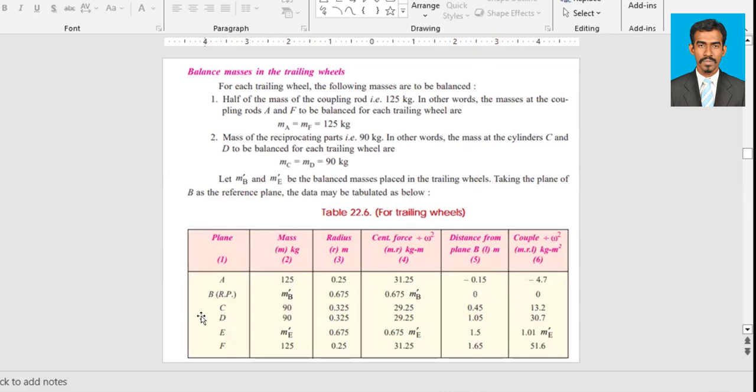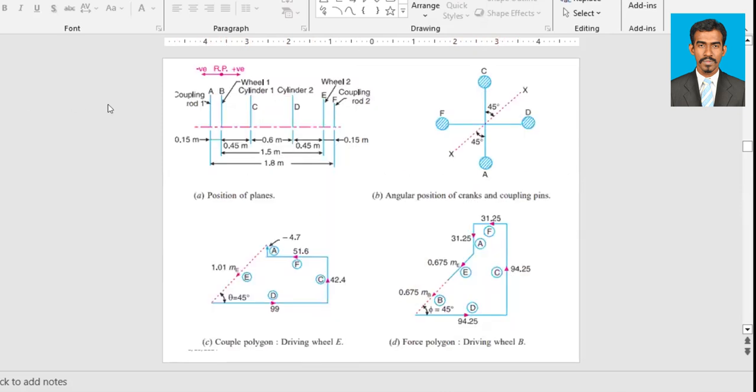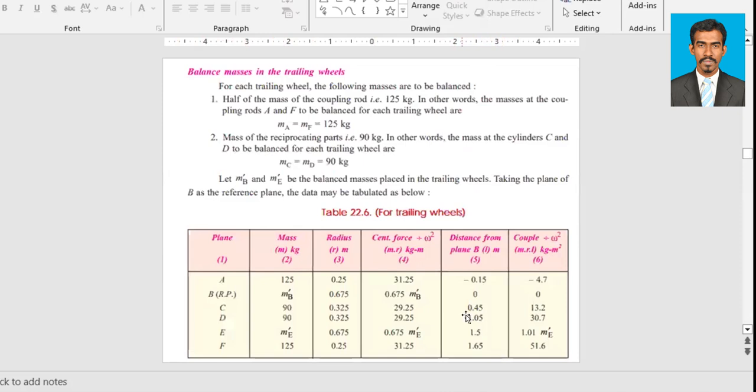Then from reference plane B to D, that is 0.45 plus 0.6, which is equal to 1.05.